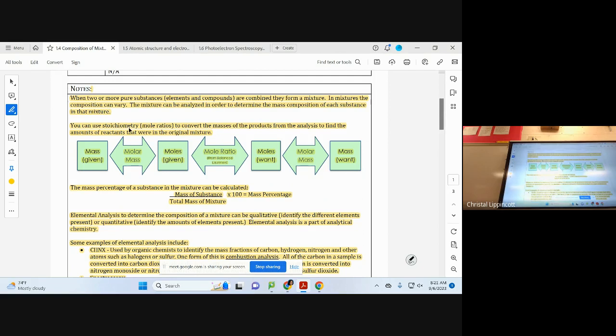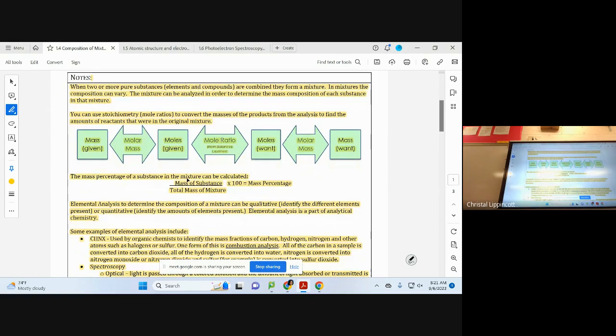You have to do a titration with it and then figure out the percent iron in that mixture. Everybody's samples are different. So for mass percent, you take the mass of the substance and divide by the total mass of the mixture times 100. That's going to give you your mass percentage.